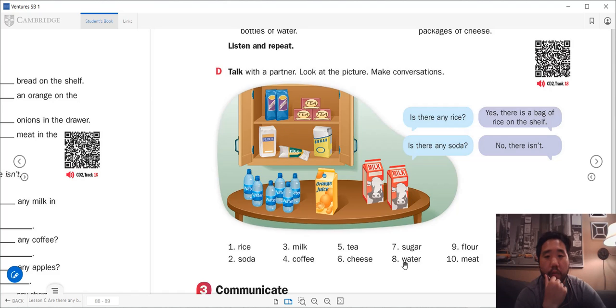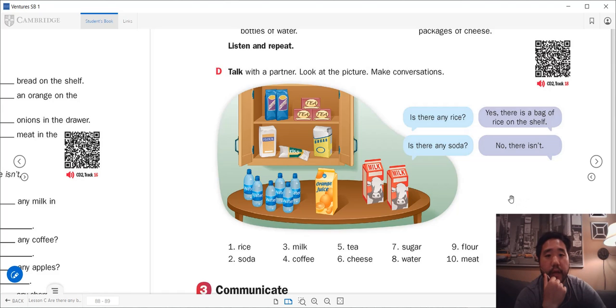Number 8, water. I see 1, 2, 3, 4, 5, 6 bottles of water. So is there any water? Yes, there are 6 bottles of water on the table. Number 9, flour. We have 1 package of flour.